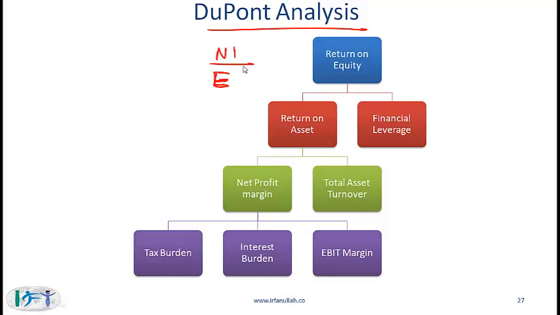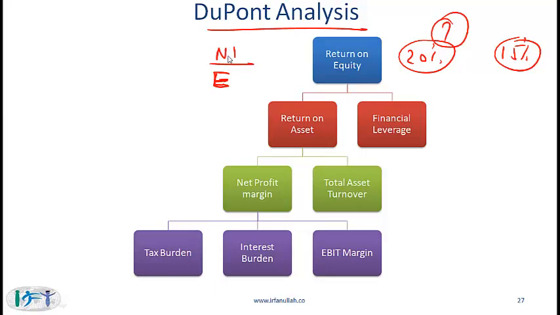Let's say that this particular ratio is 20%. That looks like a good number. Let's say that this is higher than the industry average, which say is 15%. The question then becomes the following: where is this 20% coming from? And DuPont helps us with that analysis.